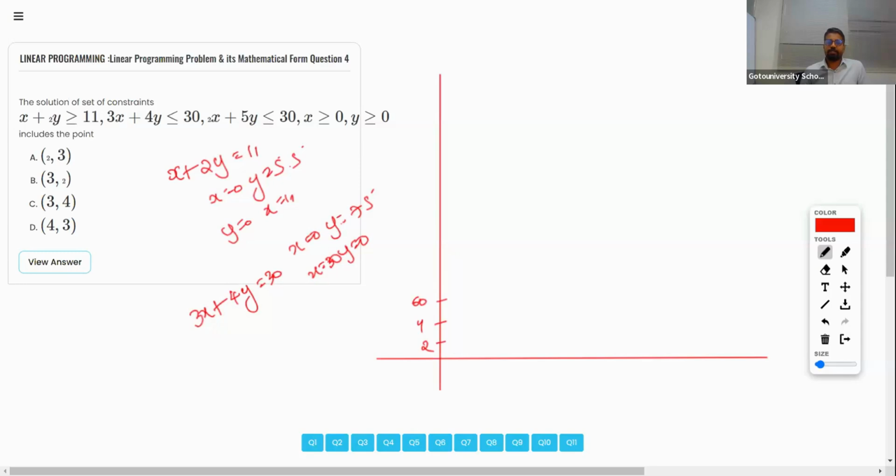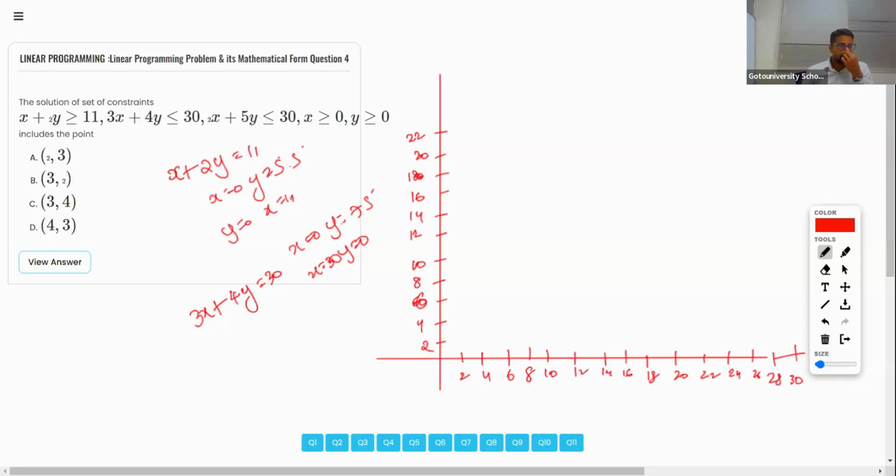So let us draw the axes like this: 2, 4, 6, 8, 10, 12, 14, 16, 18, 20, 22, and here 2, 4, 6, up to 30. Okay, it goes like this.